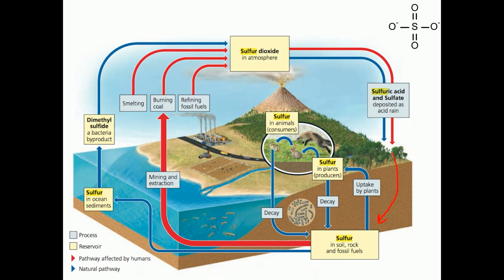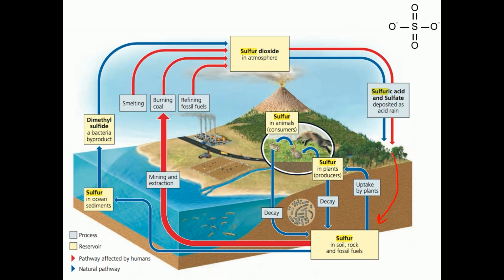Smelting ore also releases a lot of sulfur dioxide. Smelting is the process of taking chunks of rock that you got from inside of a mine and getting the metal out of the rock in order to be able to work with that metal as a material.